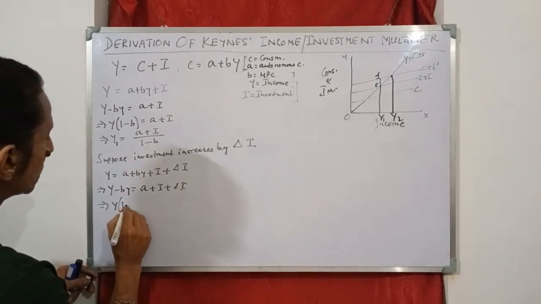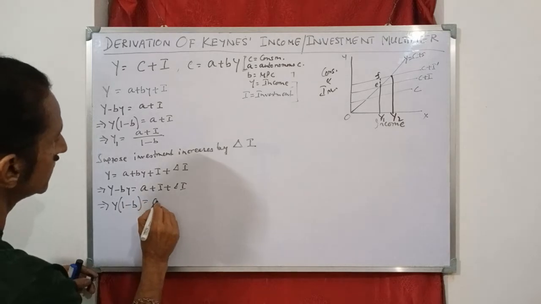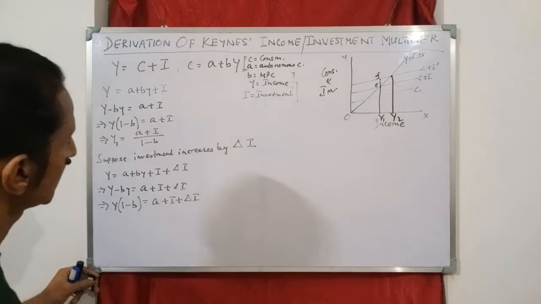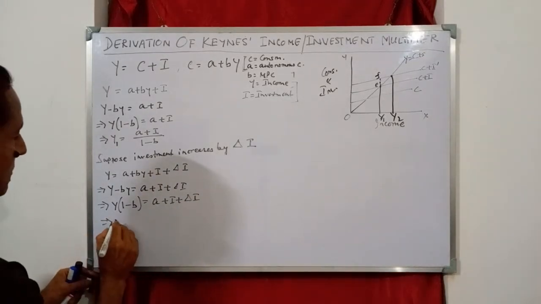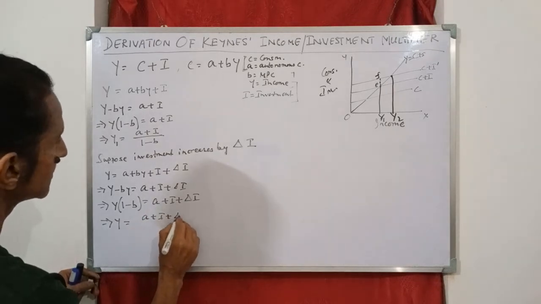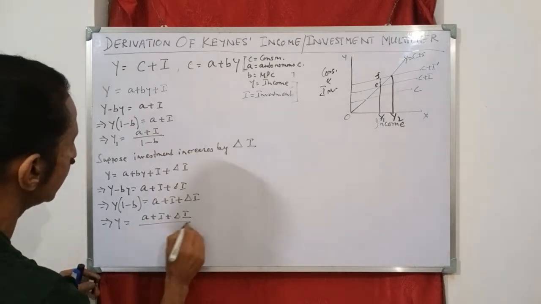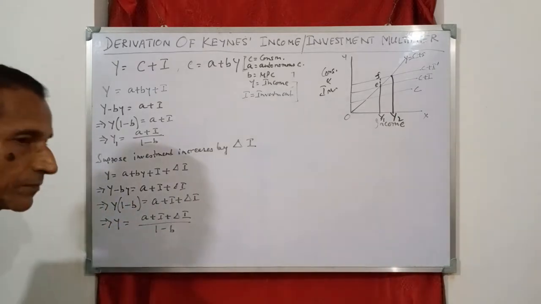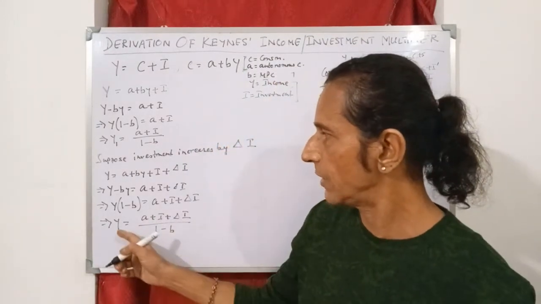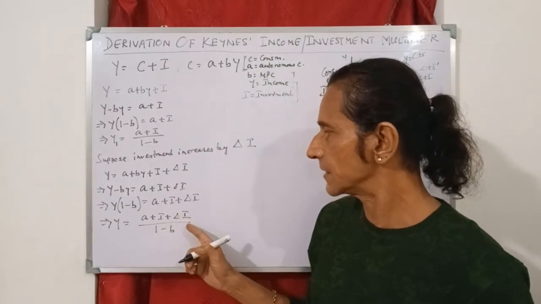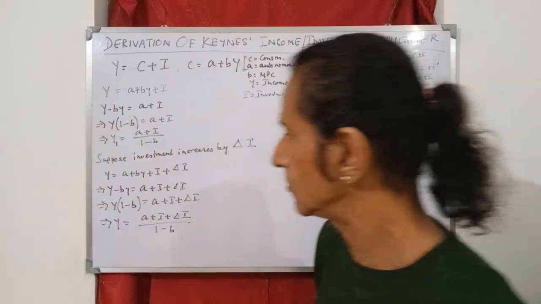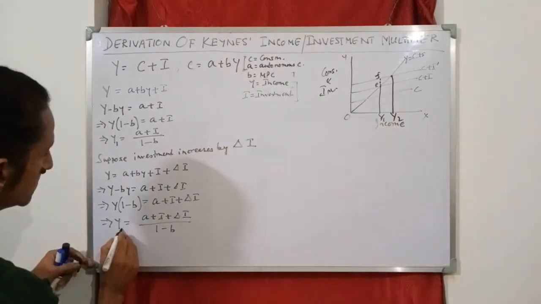So Y within bracket 1 minus B equals to A plus I plus delta I. This gives us Y equals to A plus I plus delta I divided by 1 minus B. Right? So in year 2, Y equals to A plus I plus delta I divided by 1 minus B. Since it is happening in year 2, we mark it as Y2.